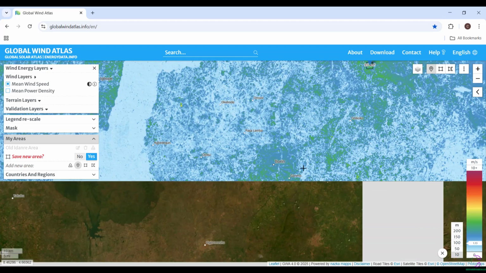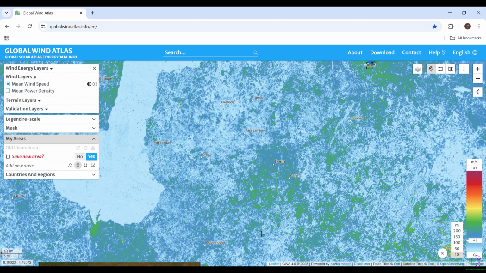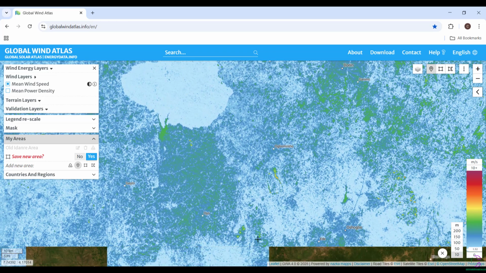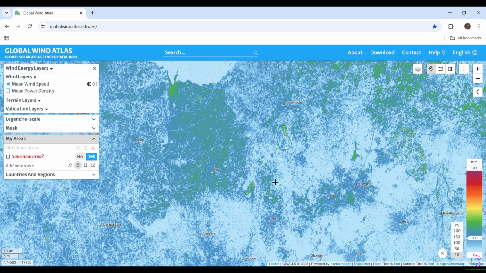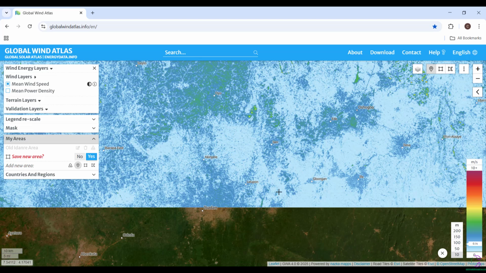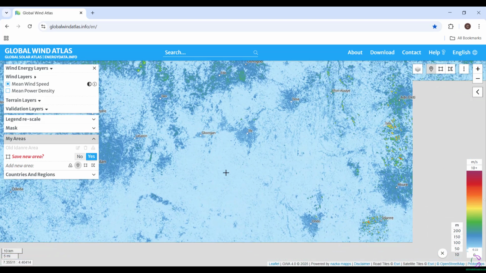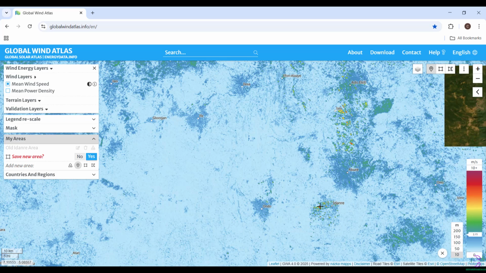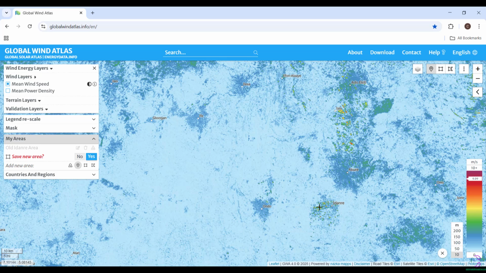So at 10 meter height, the locations that are quite favorable in Nigeria are Idare in Ondo State, where you can have up to 7 or even 9 meters per second. You also have another location with up to 8 meters per second.